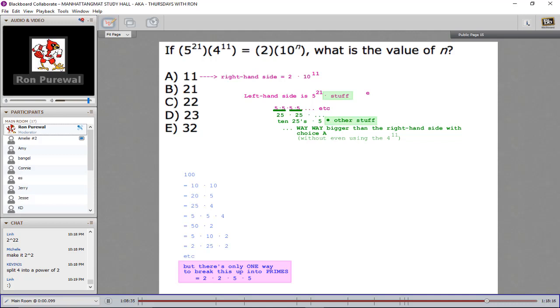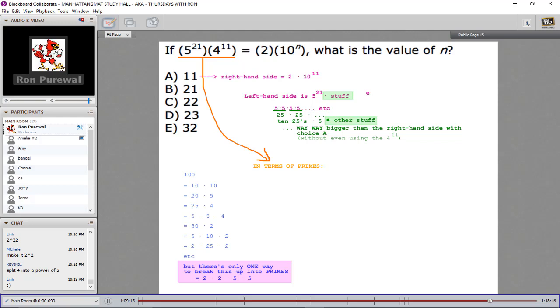So let's do that. In 5 to the 21, 5 is already a prime. 4 is not a prime. What do you do with 4? That's 4 to the 11th.